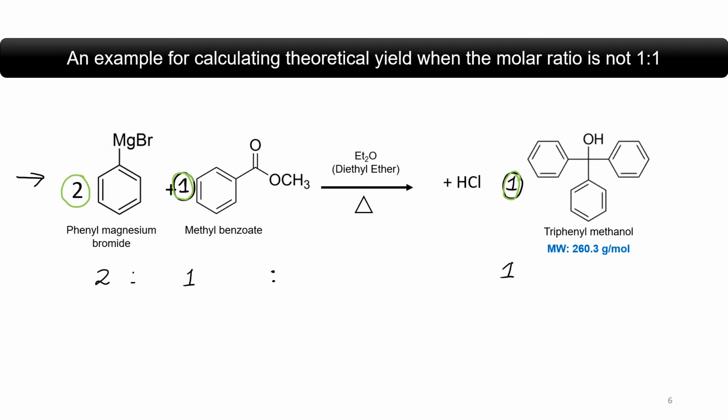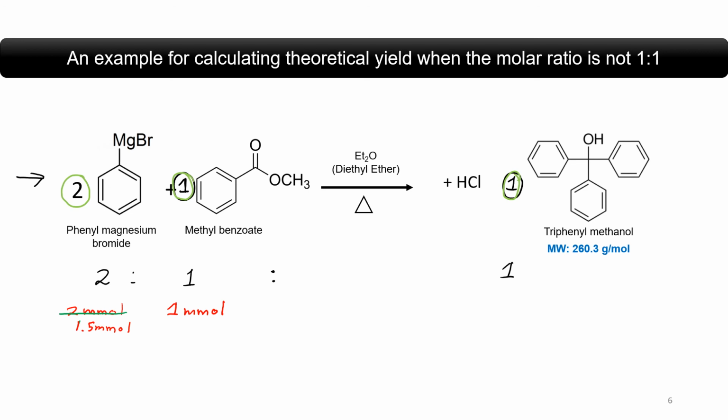But it's really simple because what it means is if you only had 1 millimole of methyl benzoate, this reagent, you need twice as much of this other reagent in order to fully react, right? And let's say this reagent only had 1.5 millimoles.